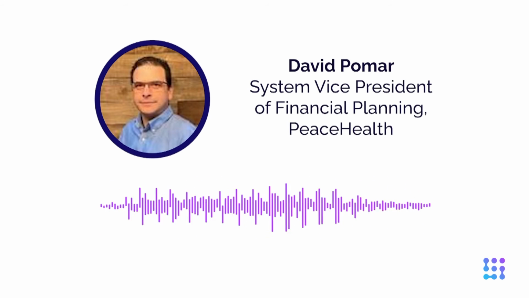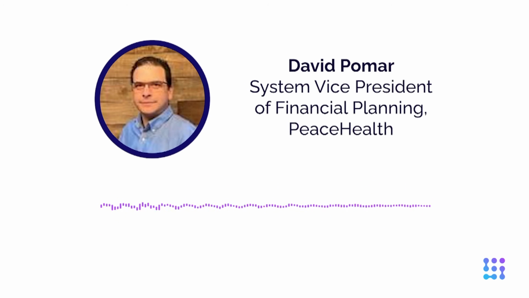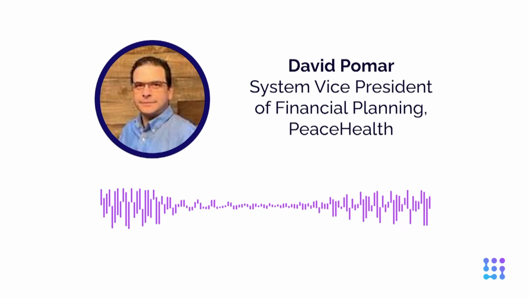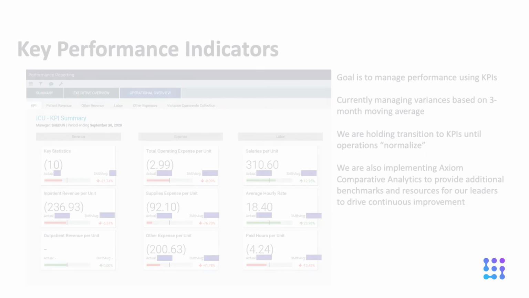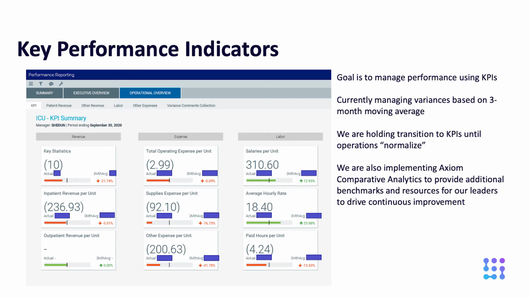So the KPI section here just shows you your revenue, expense, and labor KPIs per units compared to the 3-month average, and these are the variances for the month of September that are being displayed. And then the next screen, which is patient revenue, shows you your performance on inpatient revenue and outpatient revenue.